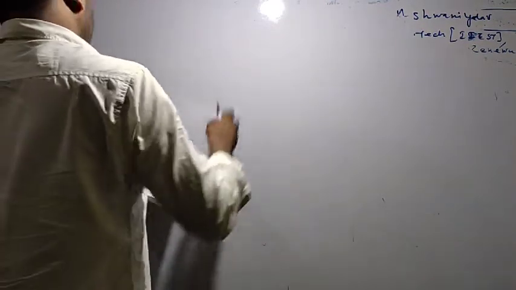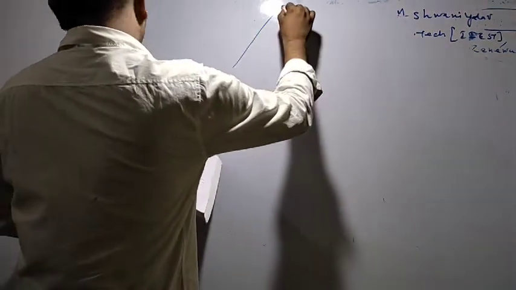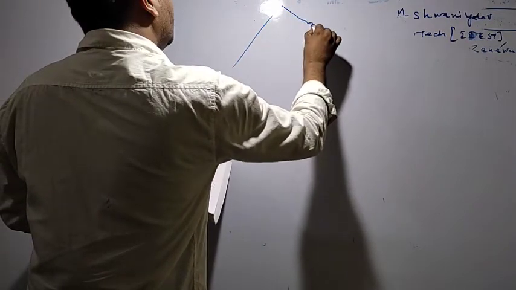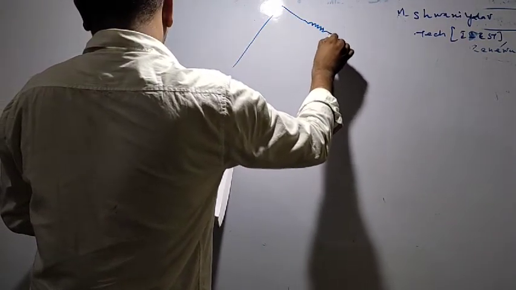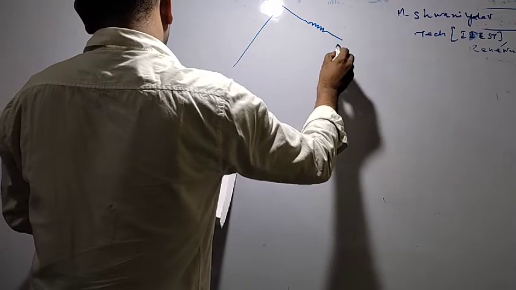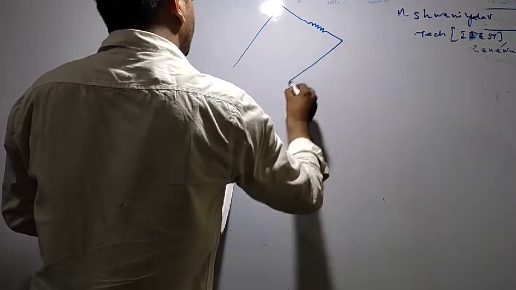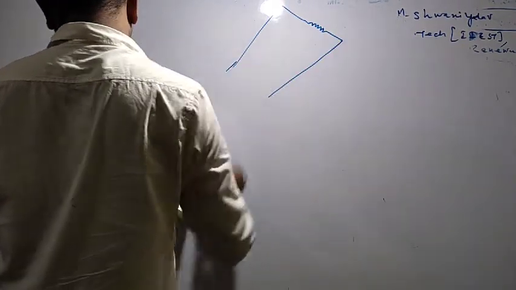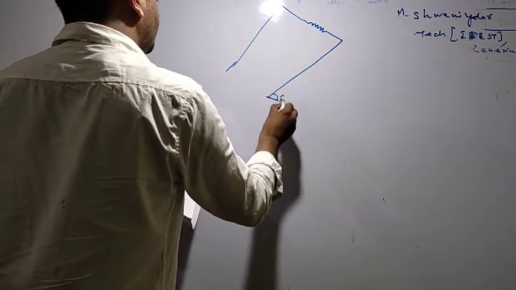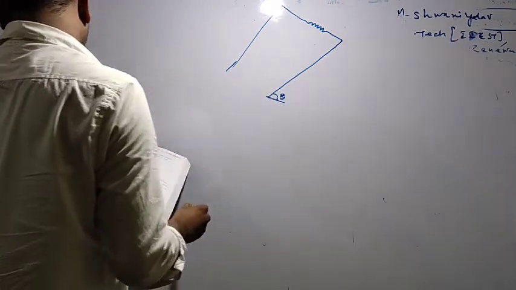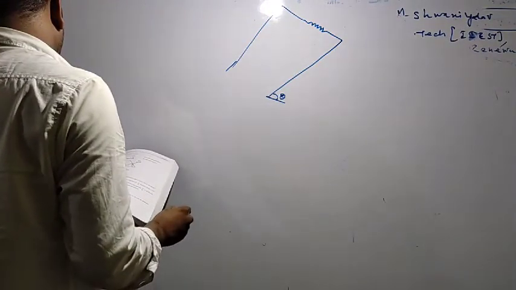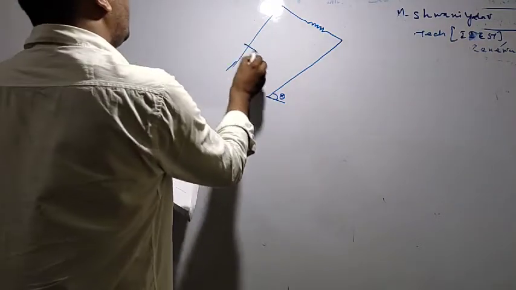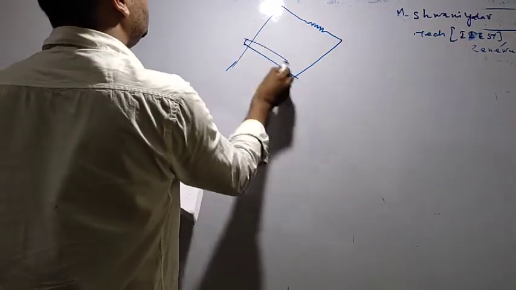Now the next problem is, we have an inclined conducting bar, inclined at angle theta, and we have a rod of mass m.